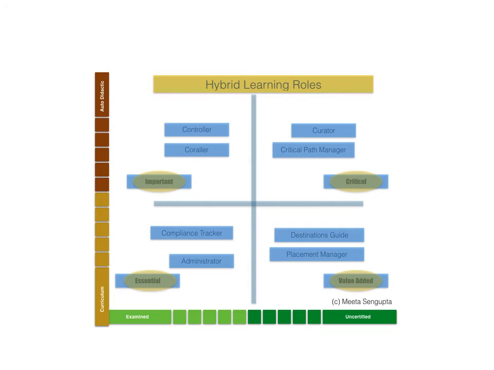And the conservative one on the left vertically is curriculum and autodidactic. The conservative one is closer to the origin, as is sort of logical in our heads. On the horizontal axis, we have examined versus, right out there, uncertified, possibly even unexamined. Not every learning needs to be examined at all.